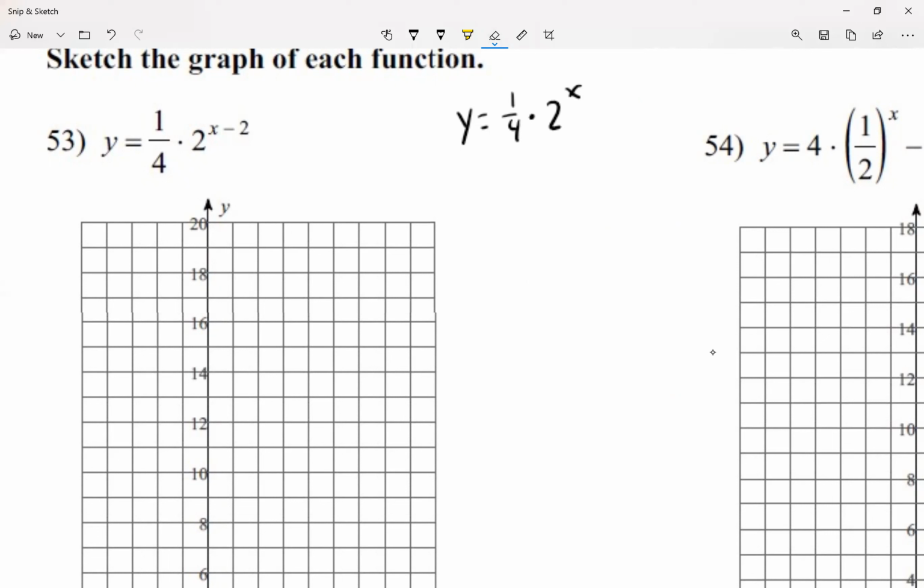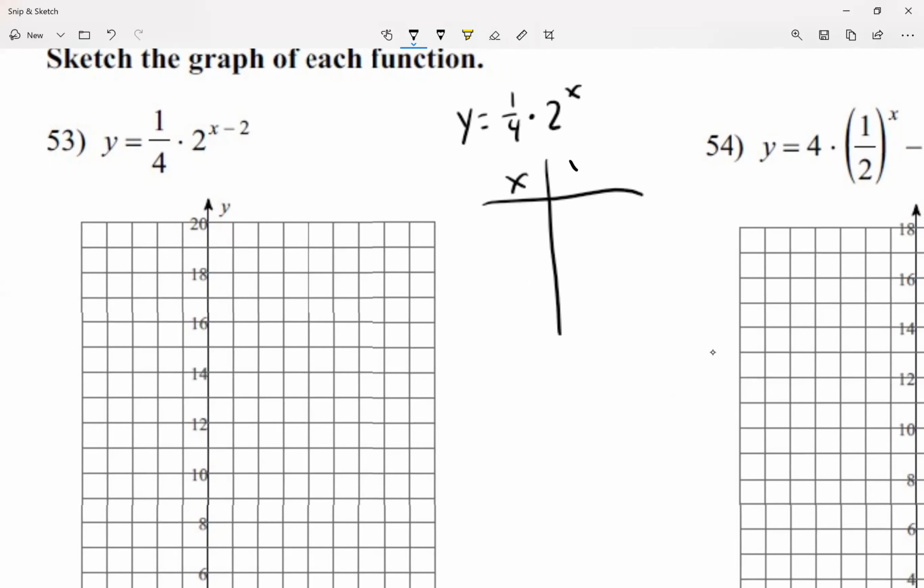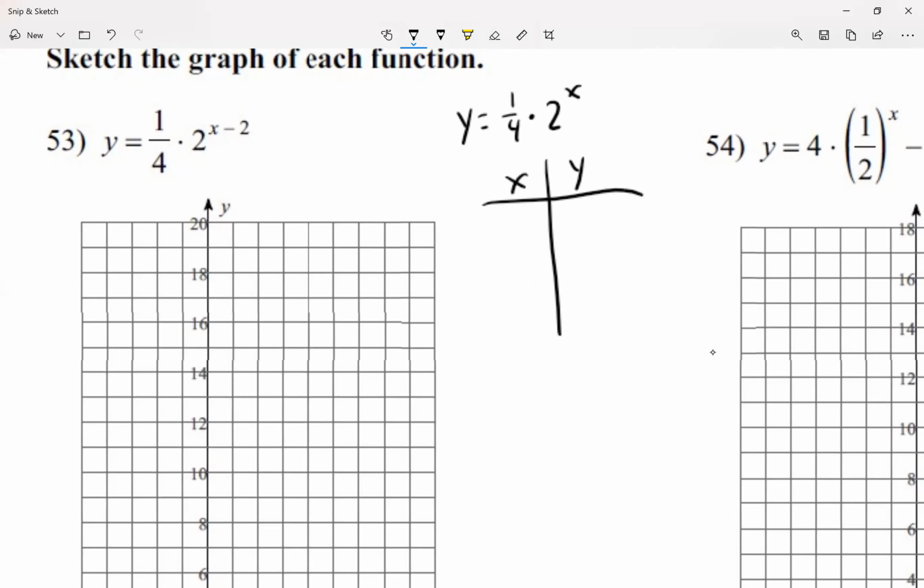So I know I'm going to create tables of x and y. And I know that when x equals 0, y is equal to 1/4. Right? That's basically this number. Okay, in order for me to come up with the next value of y, I'm going to have to multiply it by 2.